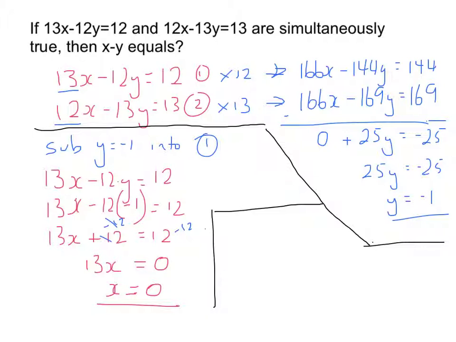And x minus y will be equal to, from here, x is equal to 0, minus from here, we have y equals negative 1, which equals, we have this minus take away, that makes that a plus in the middle, 0 plus 1, which equals 1. So the answer to this question is 1.